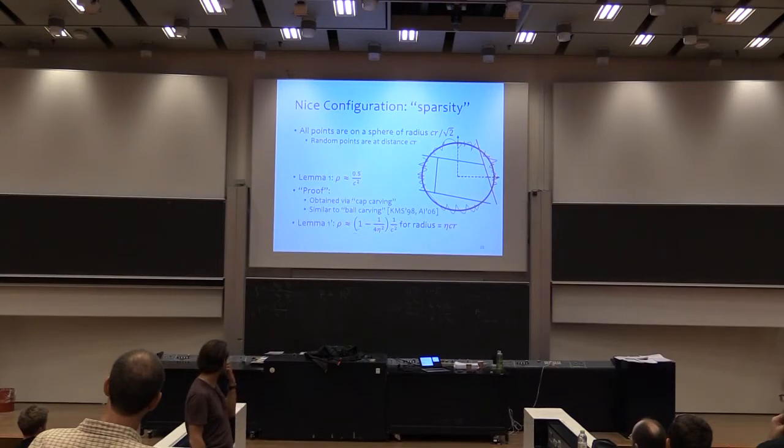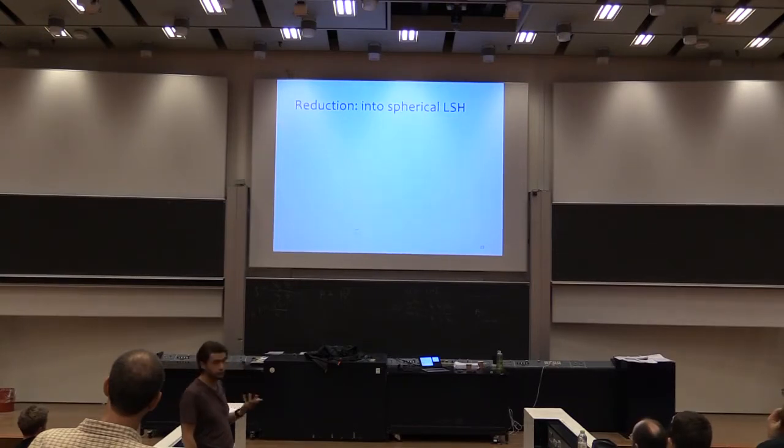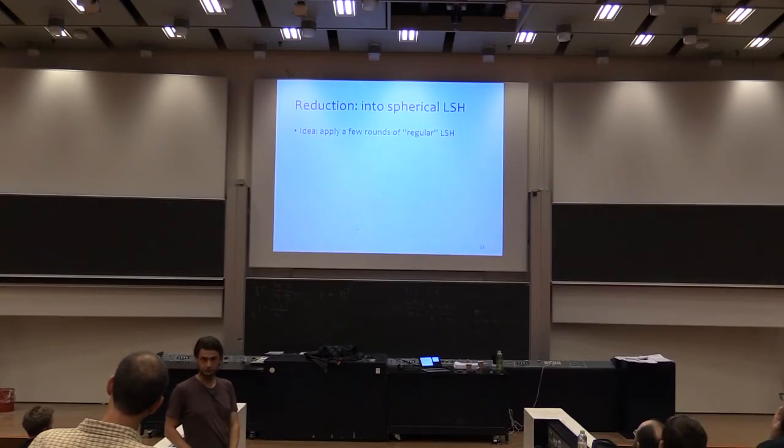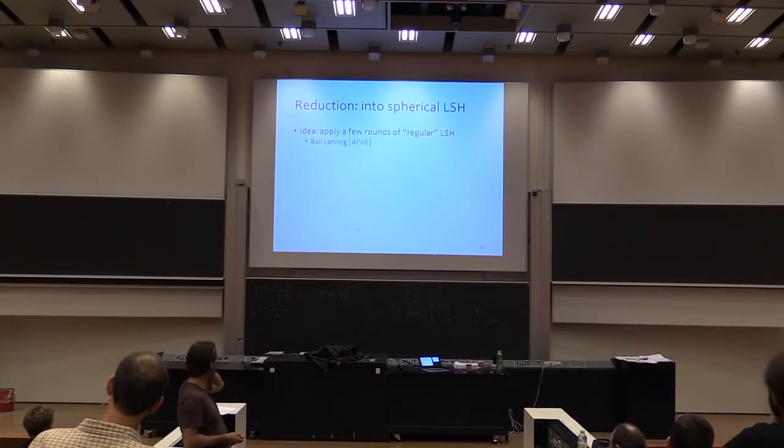Okay? So then, how do you reduce to this situation, right? So now you'd like to reduce to this situation where points are kind of tightly packed. And the idea is actually to go back to LSH and use standard LSH to reduce to this case, say the ball carving idea that I showed you earlier.